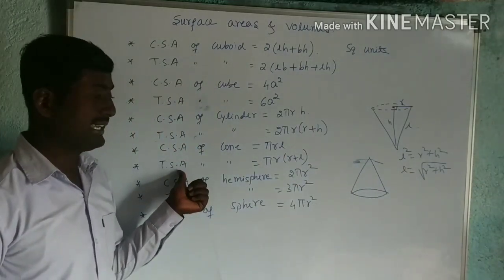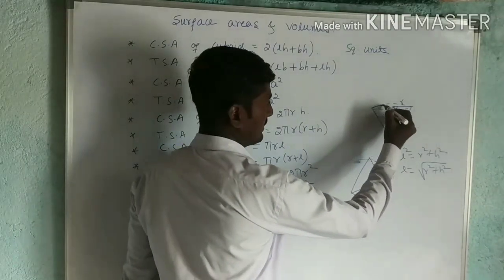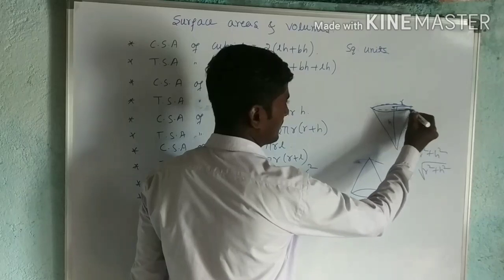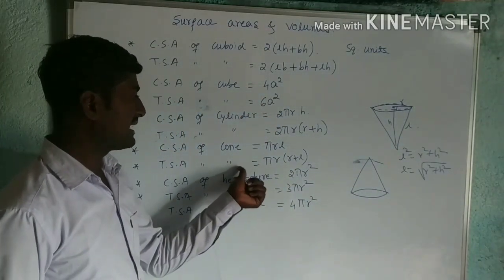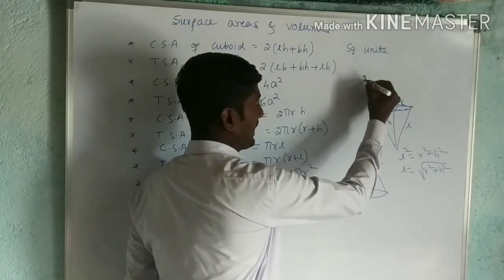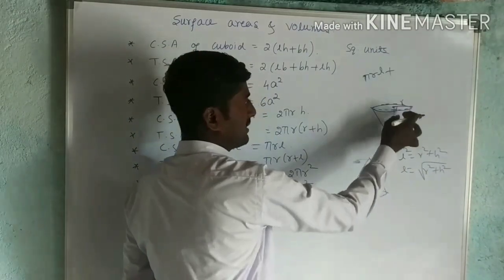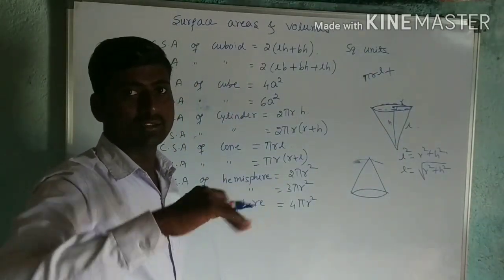Now let us go for TSA. TSA means this is closed. So you can take it as the TSA of the cone. CSA is pi RL plus, now this is closed, so one circular area is there, that is pi r square.